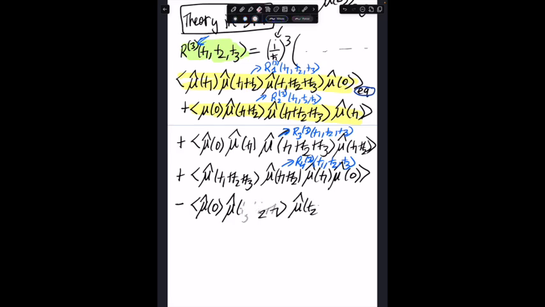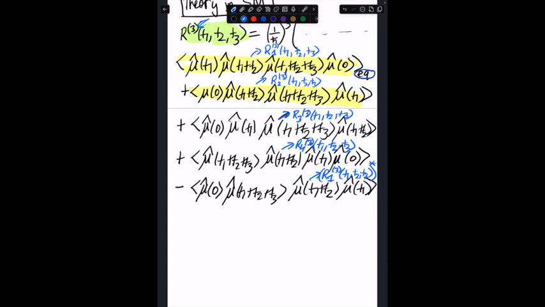oh no, mu t1 plus t2 plus t3, mu t1 plus t2, and then mu t1, and then this would be R1 star. And this can easily be verified.